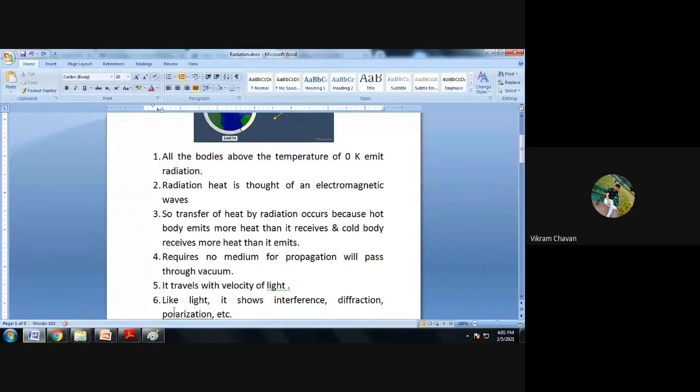Okay, the next point: like light, it shows interference, diffraction, and polarization, etc. I think there is an electricity problem, so I will dictate and you please write down.